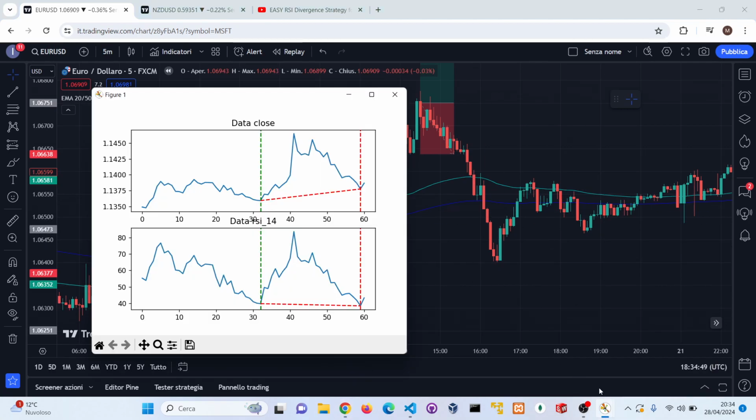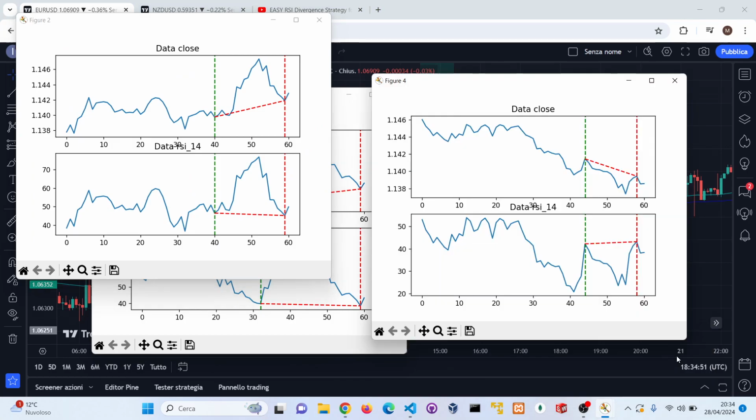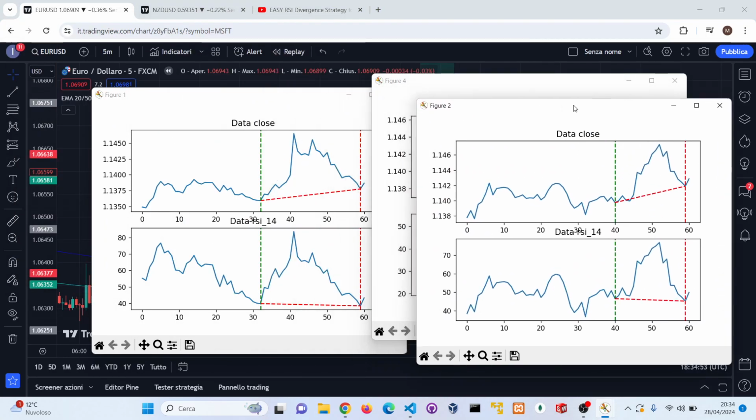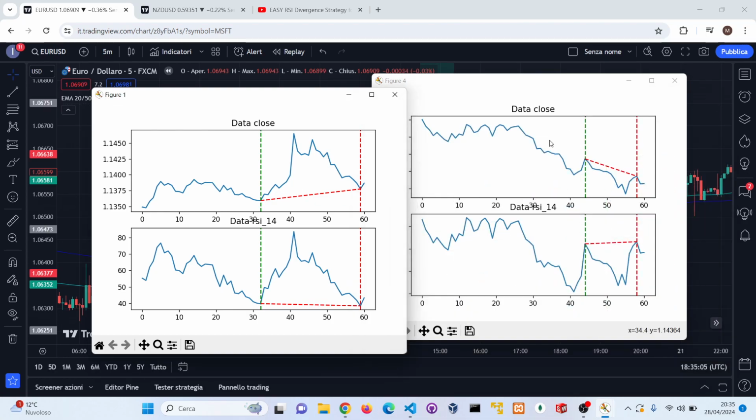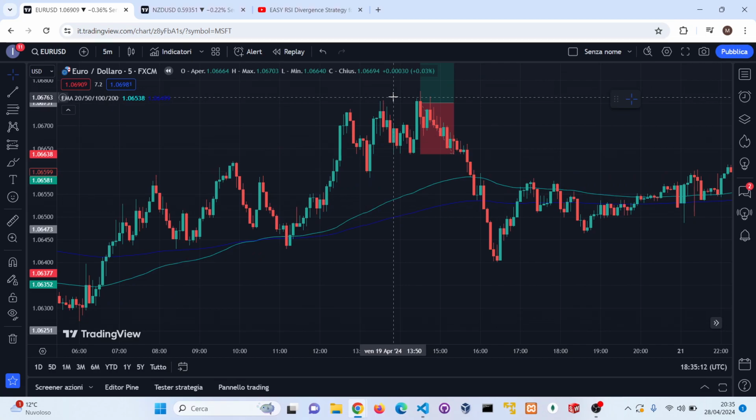And here, as we can see, are some of the divergences that my software has spotted, to help you understand better how my software finds the divergence. For example, this one was bullish, this one as well, and this one was a bearish divergence.